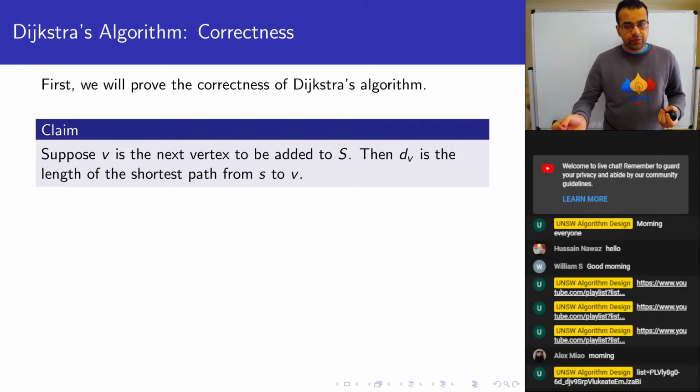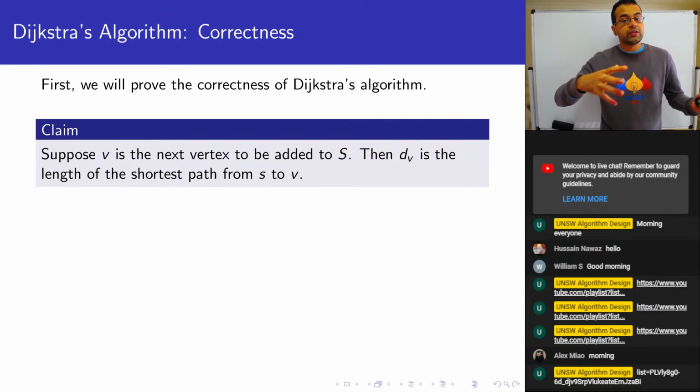We would like to confirm that the distance to this vertex that we've found, the tentative shortest known path, which uses only intermediate vertices within the set S, is the actual shortest path from S to V.